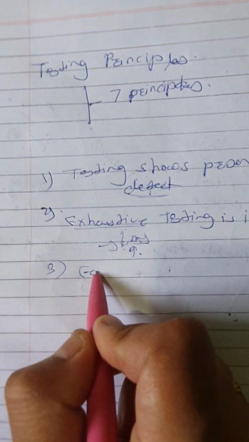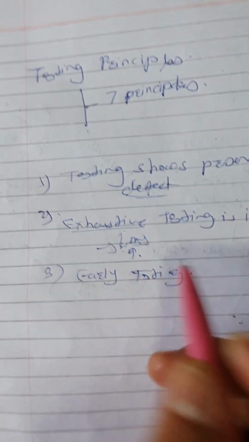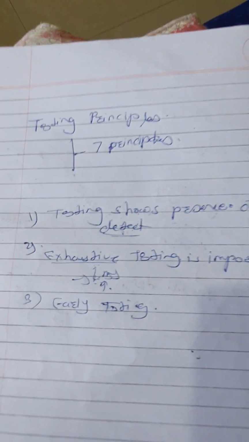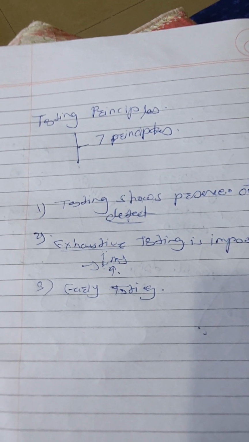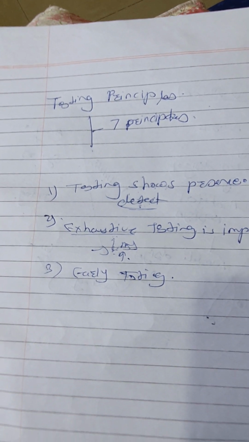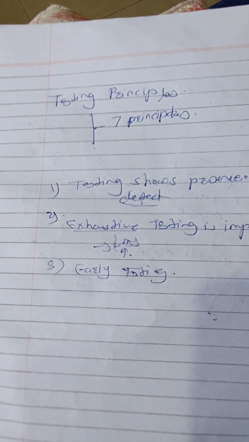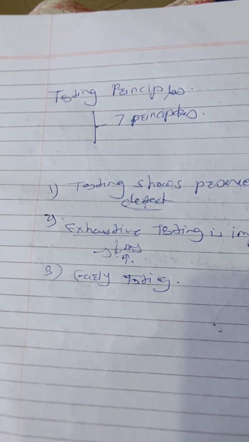So third one is early testing. Third principle is early testing. Early testing is quite good for software testing, because you can perform testing at a very early phase. Suppose your project design starts from the communication phase up to the deployment phase, and you want to perform testing from the communication phase. In the communication phase, what is the role of testing?